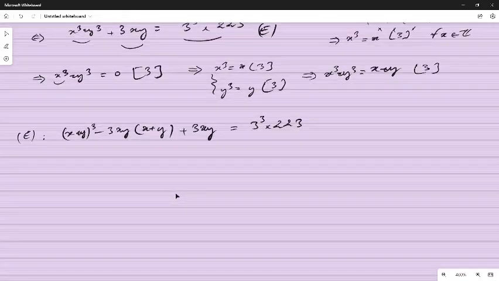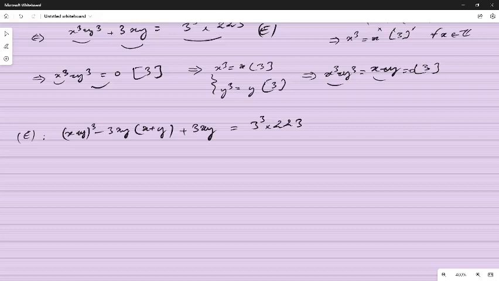And now we must take a look at our new form. We have here x cubed plus y cubed equals 0 mod 3, and we have x plus y equals 0 mod 3, because this quantity is equal to 0 mod 3.